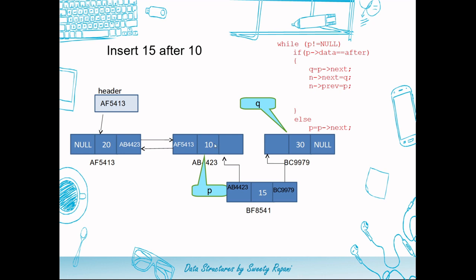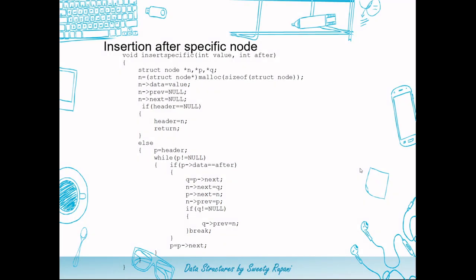Now once we are done creating this, we will have to update the next part of P and previous of Q. So that's what we are doing. Next part of P would be updated with the address of a newly created node. Similarly, previous of Q is required to be updated with the newly created node. So this statement updates a newly created node. This is how we insert a node between two nodes.